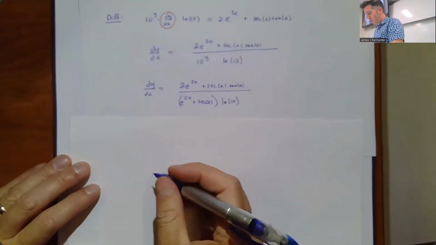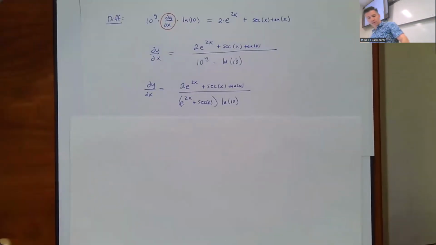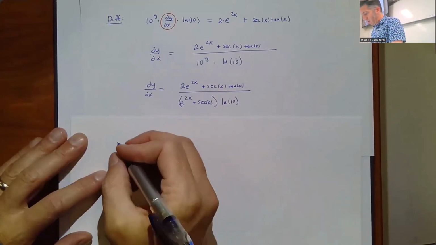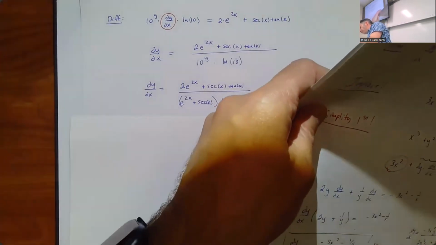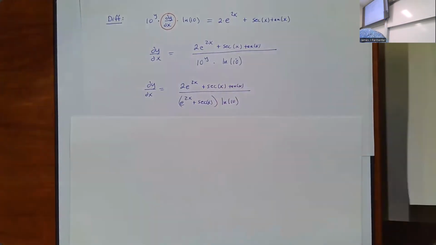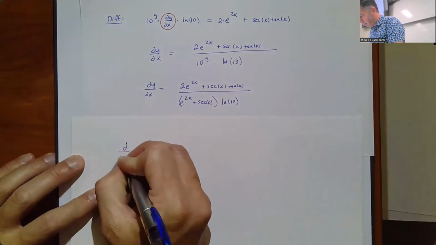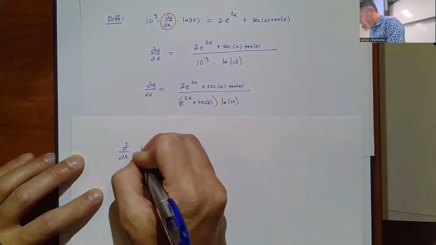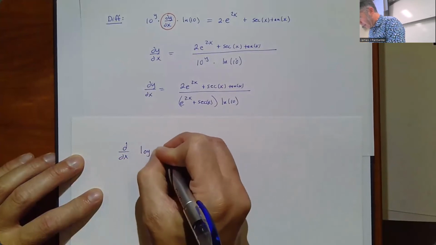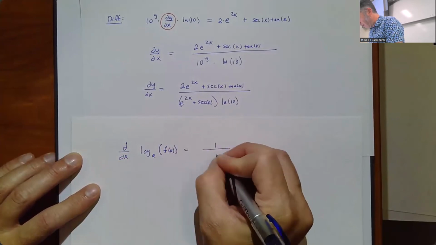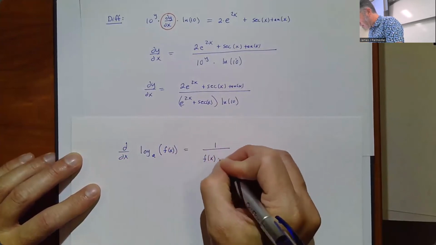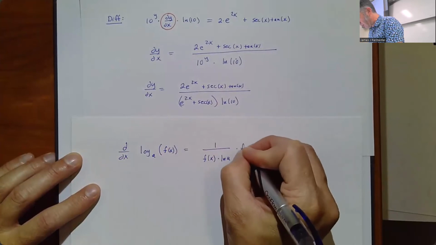So let me be consistent about how I'm writing things here. So if we're taking the derivative of the log base a of some stuff, it's going to be 1 over the stuff divided by the natural log of a times the derivative of the stuff.